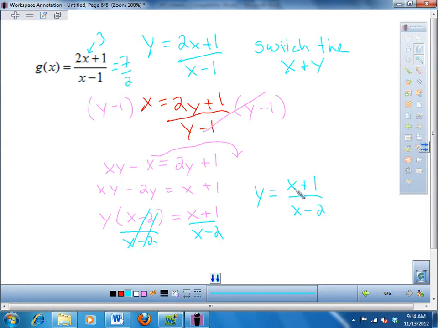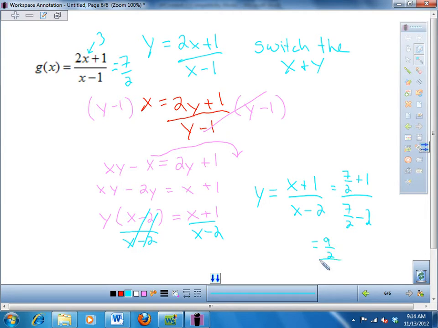So now what I want to do is plug 7 over 2 in here. You don't have to do this, but I'm just showing you. 7 over 2 plus 1 over 7 over 2 minus 2, sorry. 7 over 2 plus 2 over 2 is 9 over 2 on the top, right?